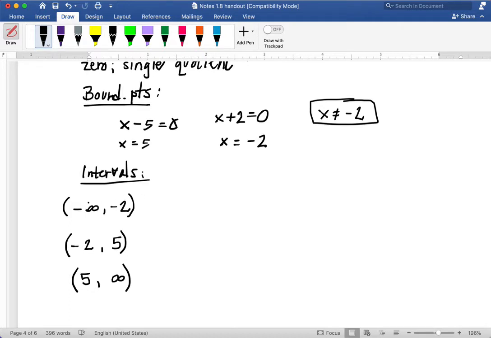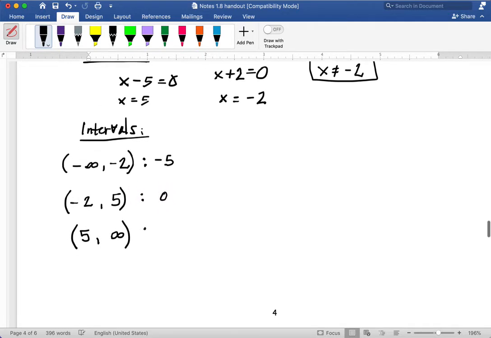All right, pick a number that's on each interval. Well, -1 is not on this interval. To the left of -2 is -3, so I'm going to test -5. Here, 0 is in between, so I'm going to test 0. And here, I'm probably going to pick a 10. All right, so now I'm going to set up my testing.